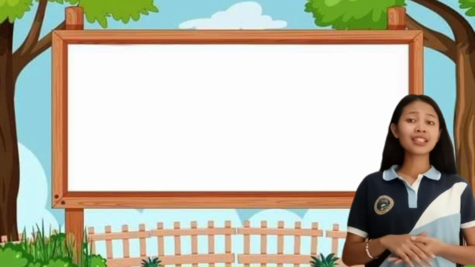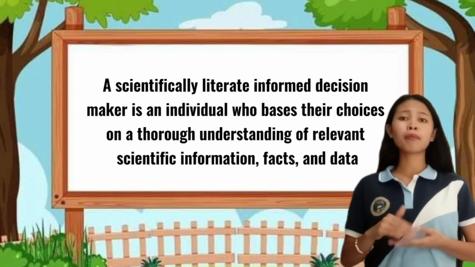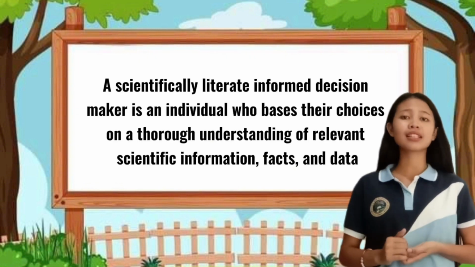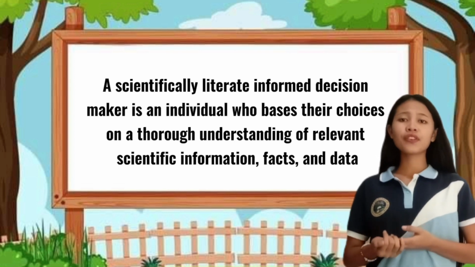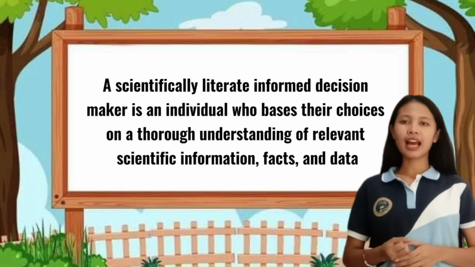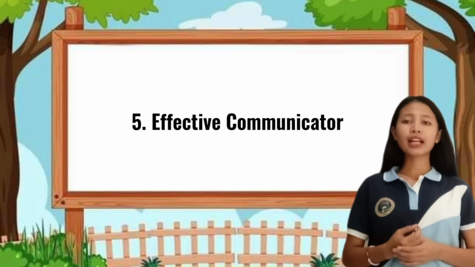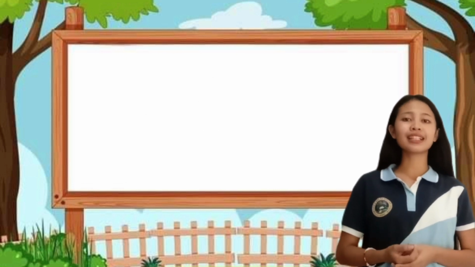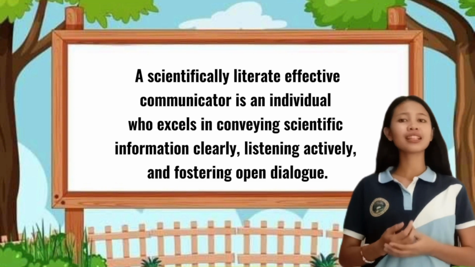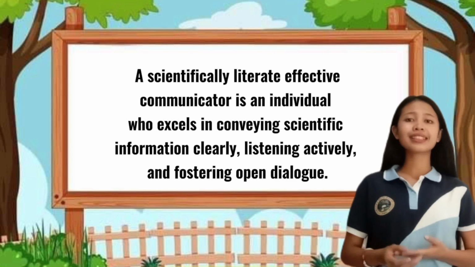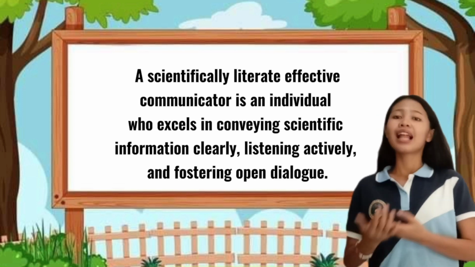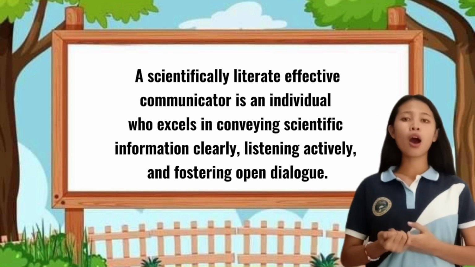This means that a scientifically literate informed decision maker is an individual who bases their choices on a thorough understanding of relevant scientific information, facts, and data. And lastly, number 5, effective communicator. This means that a scientifically literate effective communicator is an individual who excels in conveying scientific information clearly, listening actively, and fostering open dialogue.